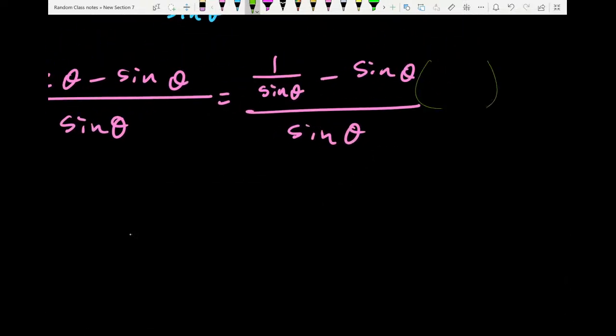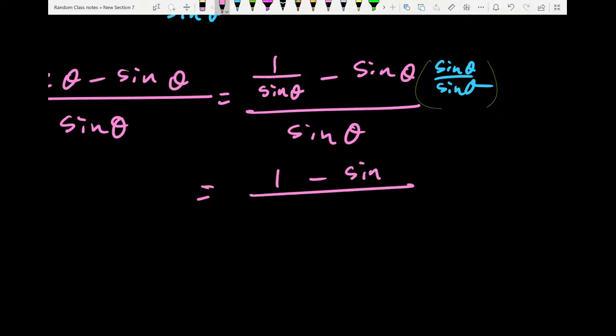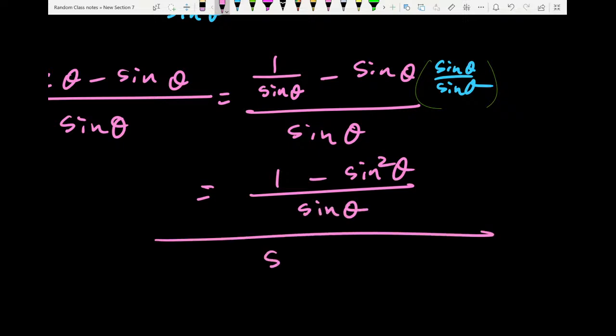Now let's multiply to get the reciprocal. Oh, I can do sine of theta over sine of theta. And I get what? 1 minus sine square of theta, sine of theta, divided by sine of theta.